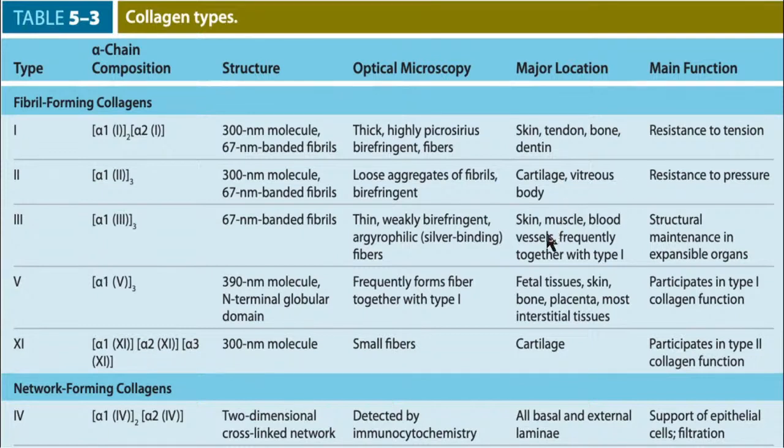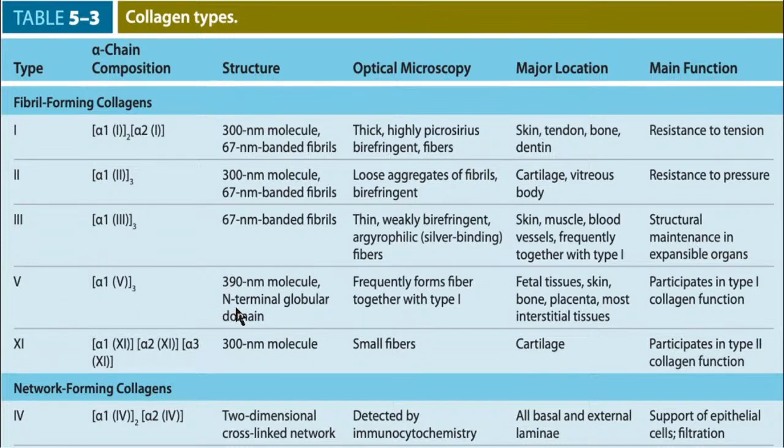Collagen type 3 is present in skin, muscle, and blood vessels, and aggregates with collagen type 1. It provides structural maintenance in expansible organs.